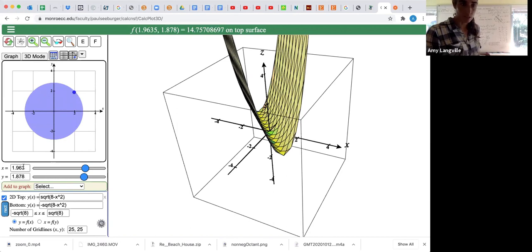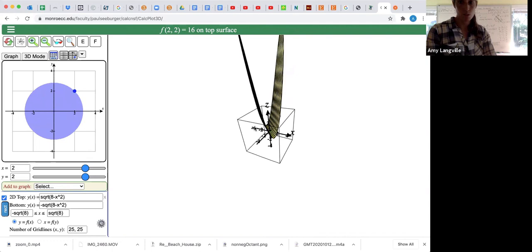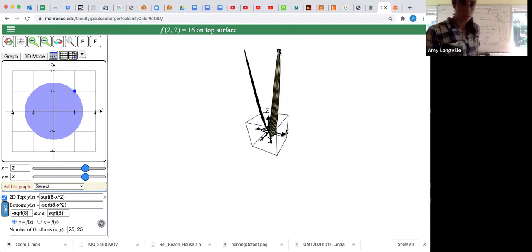You can put it in exactly if you did it over here: 2, 2, and there we are. I'd have to zoom out on this surface and see again that there is symmetry, that there are 2 points. There's the one at the peak, and then the other one would be over here at x equals -2, y equals -2, and it finds that.